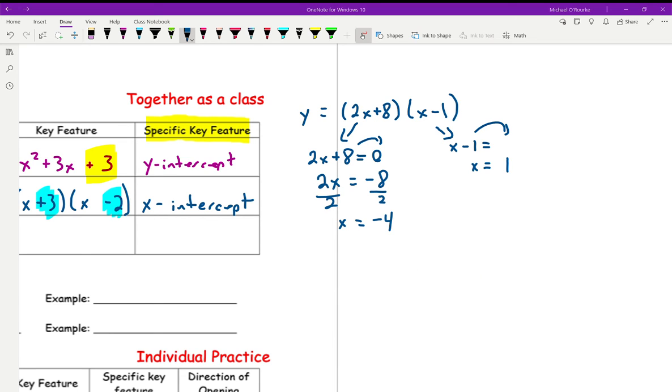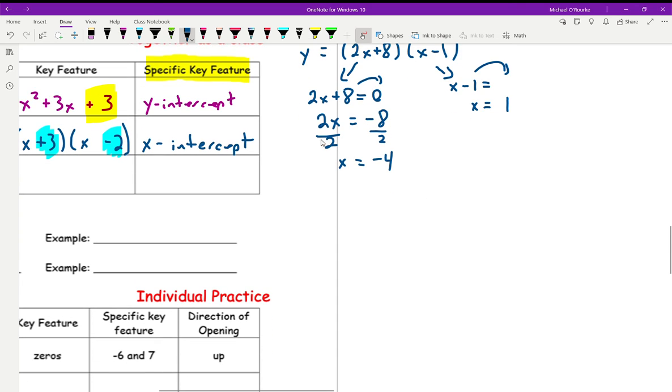Okay, so I'll do another example for you. We'll just make one up here, and I'll do it in a different color so we know it's different. Let's go with 4x, and let's go 2x minus 10.